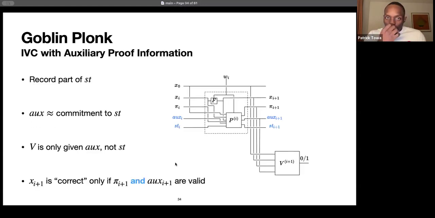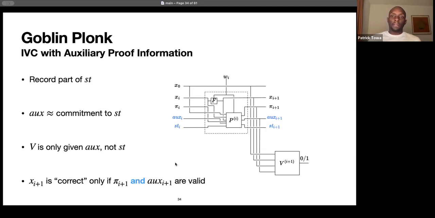From a theoretical standpoint, at each step you're only going to prove the cheap part and only record the input output of the expensive part. And you're going to continue the operation using the output that you claim to be correct, but you never proved it.